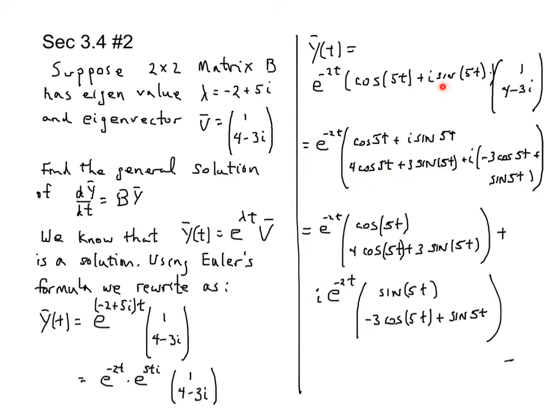And then when the i sine 5t multiplies the 4, I see I've made a little mistake there. I'm missing a 4 here.